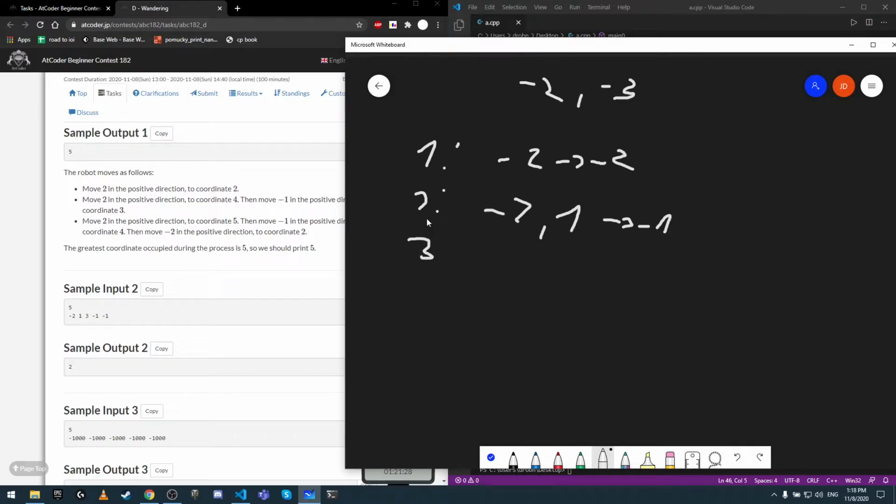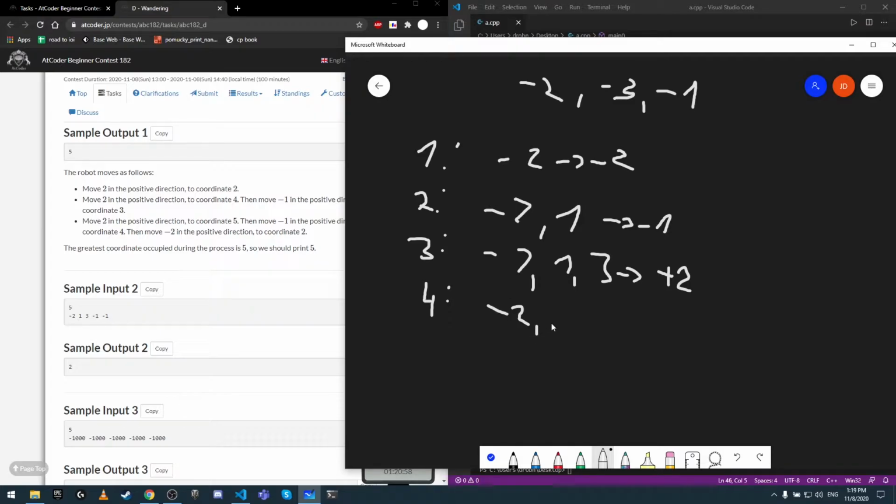Then at third move he does minus 2, 1, 3, which actually is 1 plus 1, right? No, plus 2, so he will move to -1. Then again he does the same thing, but it's less by 1, right?